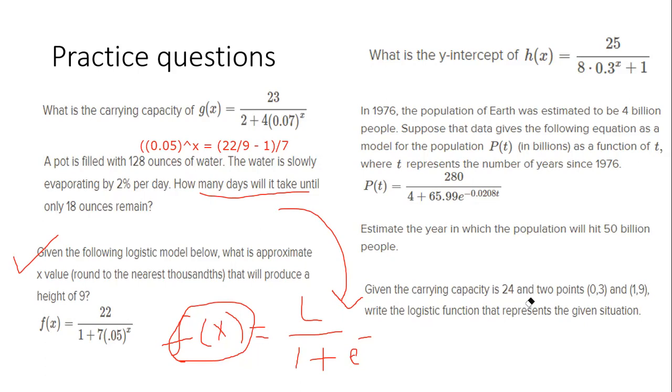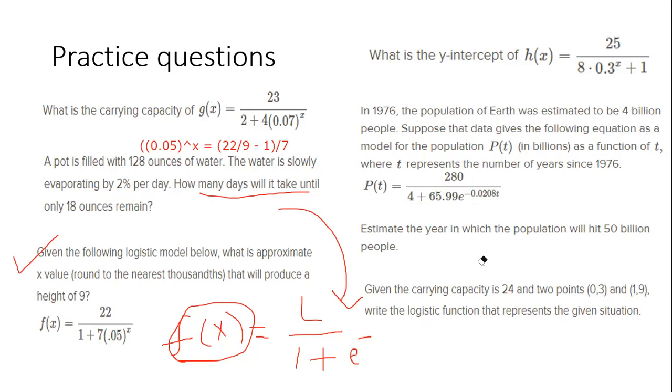X naught is 12. So you have to solve for k. You are given 2 points. Taral is right. Using those 2 points, you can find out the value of k. It's just simple maths. You have 2 equations with k's. You can use one within the other to find out the value of k.